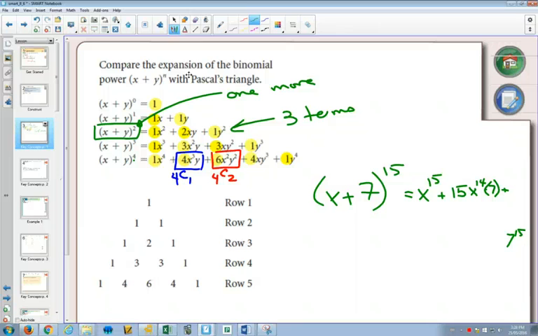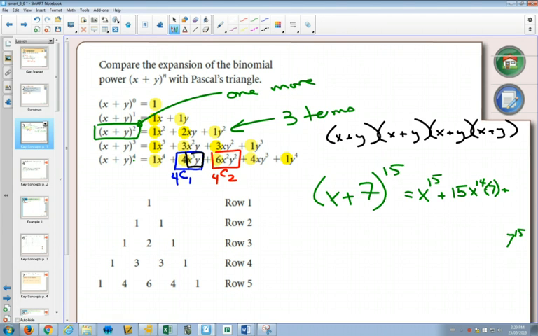And so another pattern that you might have noticed is that you start with x to the 4, then x cubed, x squared, x to the 1, then there's none of them. And the y's, whatever the last thing is, starts with none of them, then 1, then 2, then 3, then 4. In fact, when I drew out all 4 of them, what's happening each time when you multiply these out is you're always choosing one term from each set of brackets.